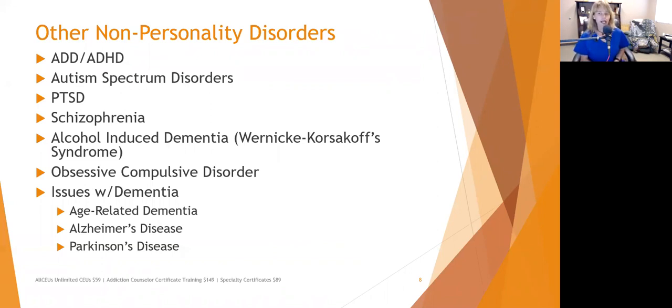Let's go back to OCD for a minute. People with OCD may self-medicate with substances in order to help them feel like they don't have to engage in those checking behaviors or hand washing or whatever it is. Then there's a few issues with dementia. I mentioned alcohol-induced dementia, but we also have age-related dementia, which is your normal cognitive decline as people age.